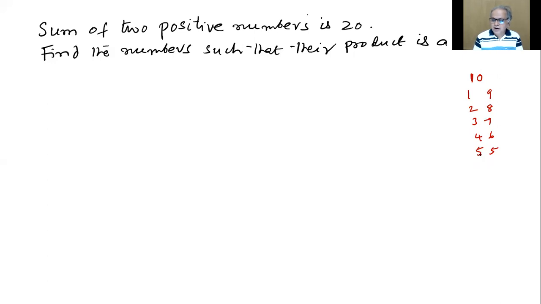So you know very well, if I divide that into 5 and 5, the product is maximum. Everything else, the product is less than this, you see. Isn't it so? Yes, sir. Now for 20, definitely those two numbers are going to be 10 and 10. This is by simple counting.